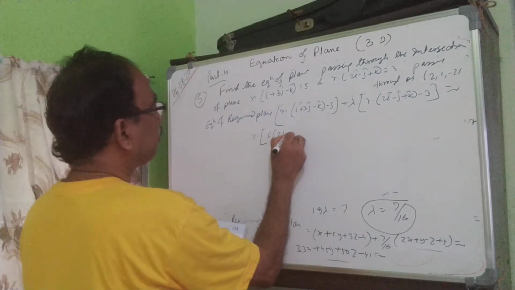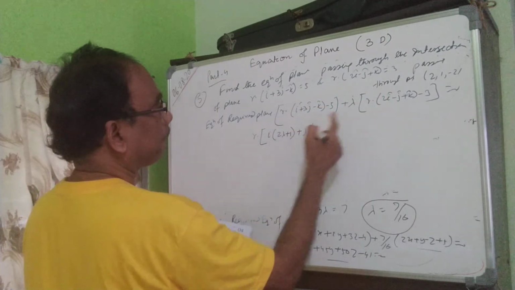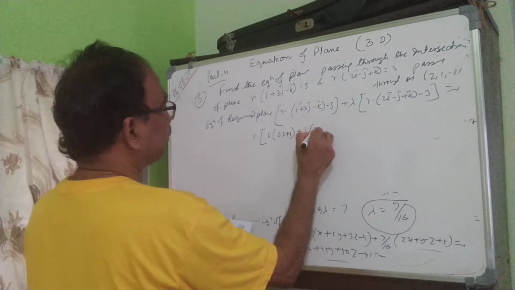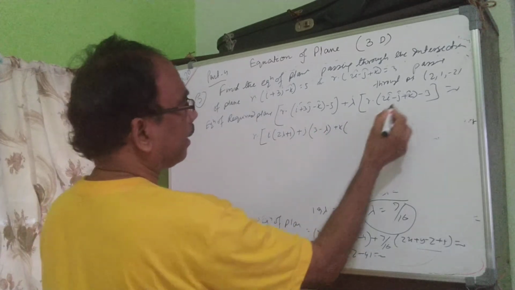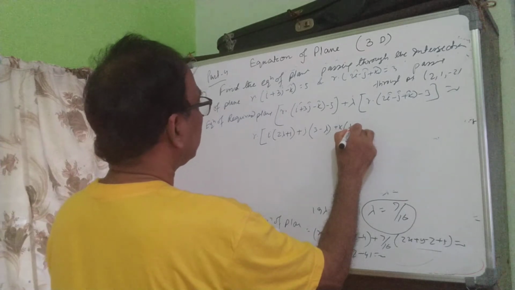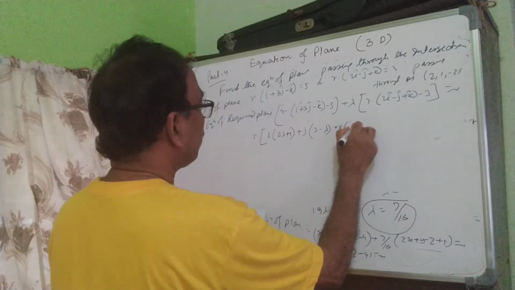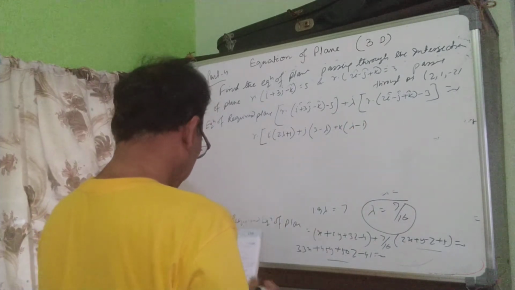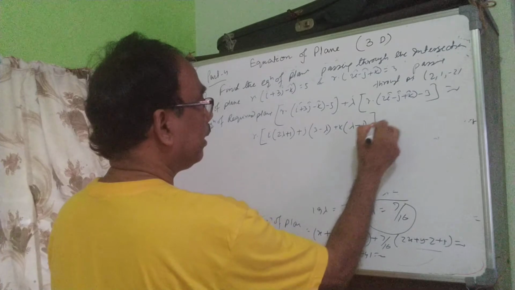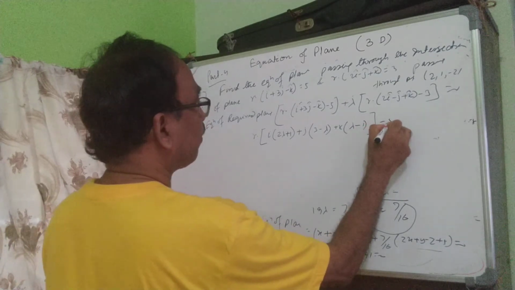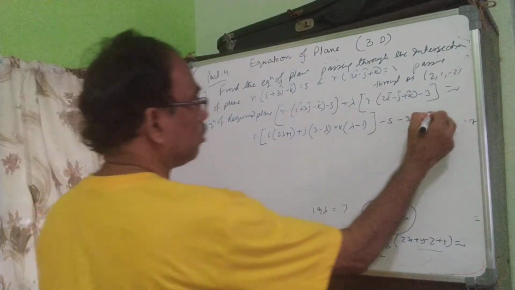Then you can write r dot ((2 lambda plus 1) i plus (3 minus lambda) j plus (lambda minus 1) k), comparing the i, j and k components, minus 5 minus 3 lambda equals 0.